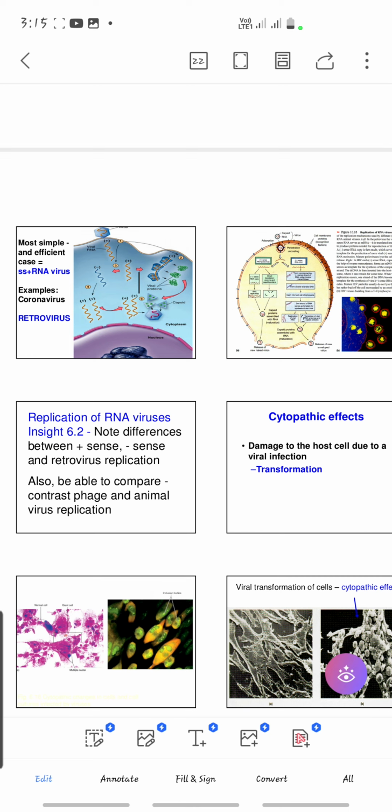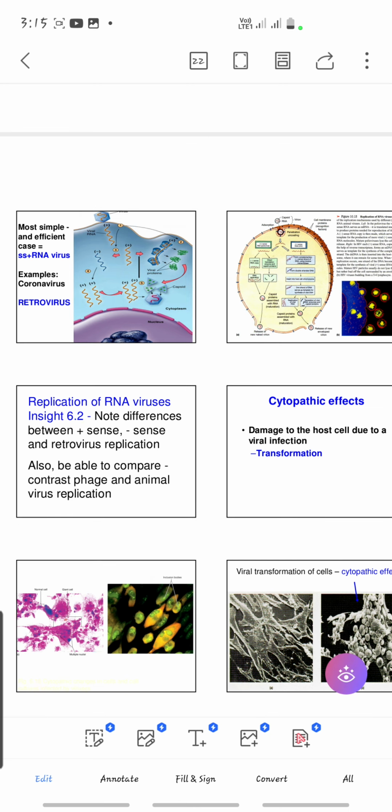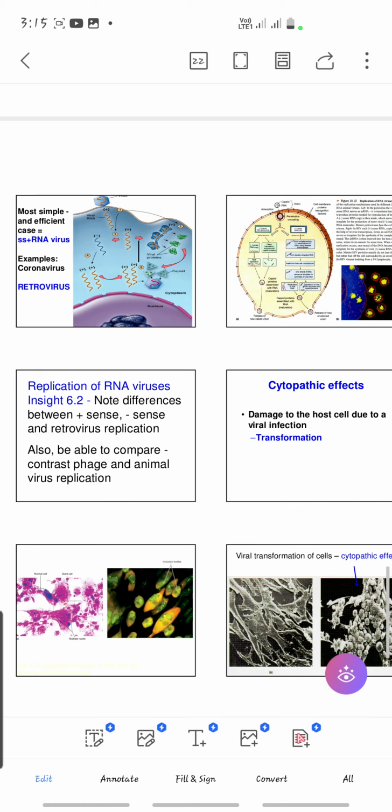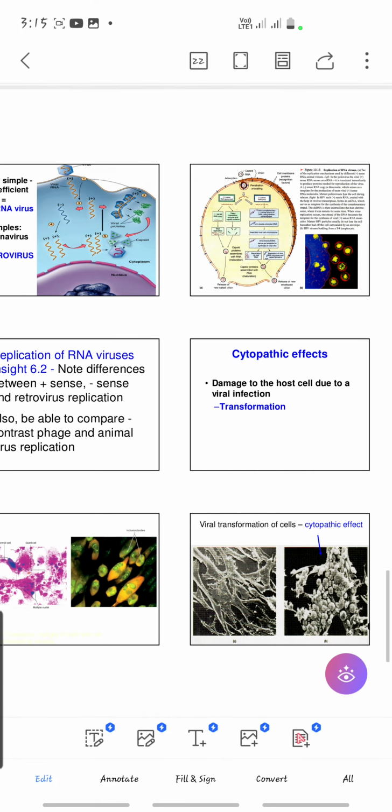So, the replication of RNA viruses. Note the differences between positive sense and negative sense, and retrovirus replication. You should also be able to compare and contrast phage and animal virus replication.